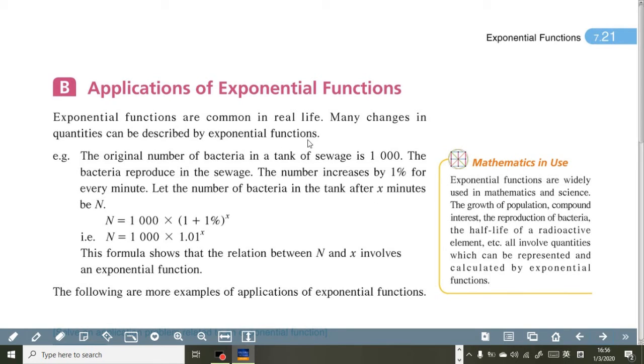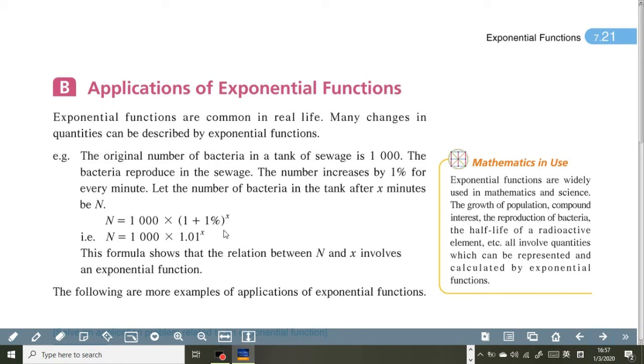certain objects. Here, the original number of bacteria in a tart sausage is 1,000. The bacteria reproduce in the sausage, and the number increases by 1% every minute. Let the number of bacteria in the tart after x minutes be N. According to the successive increase, we repeat this 1 plus 1%, x times.